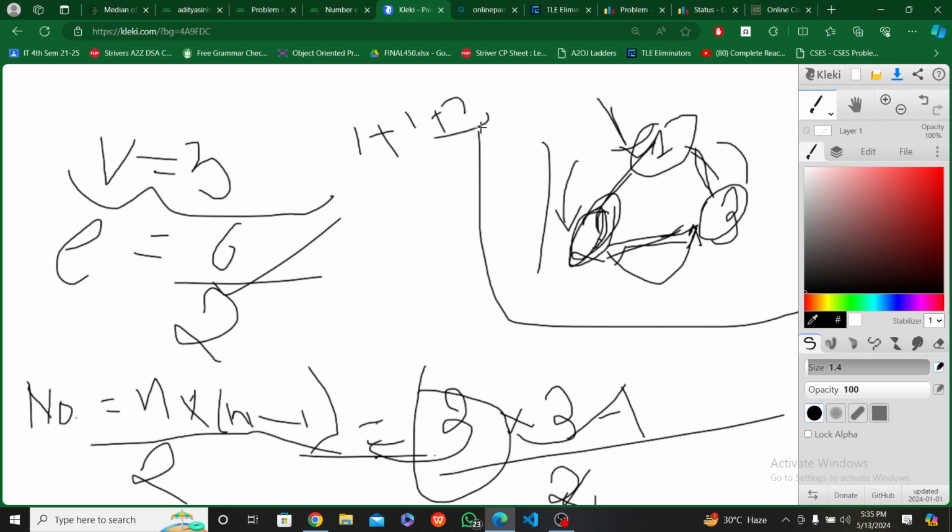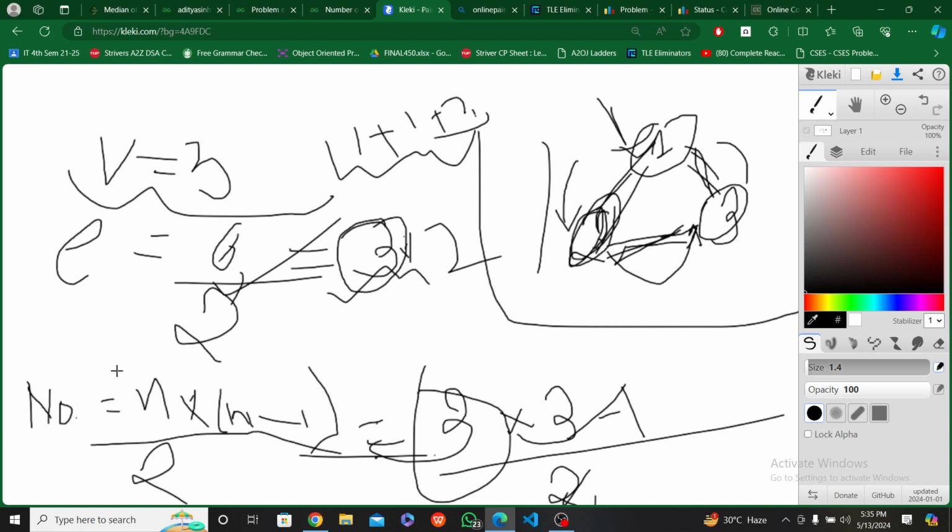So you can see, 6 divided by 2, we get 3. That means 3 is my exact edges, 1, 2, 3, and 3 is my extra edges, so I multiply by 2 to get the extra edges. That means connected in both ways, so we get 6. So 3 is my number of edges.